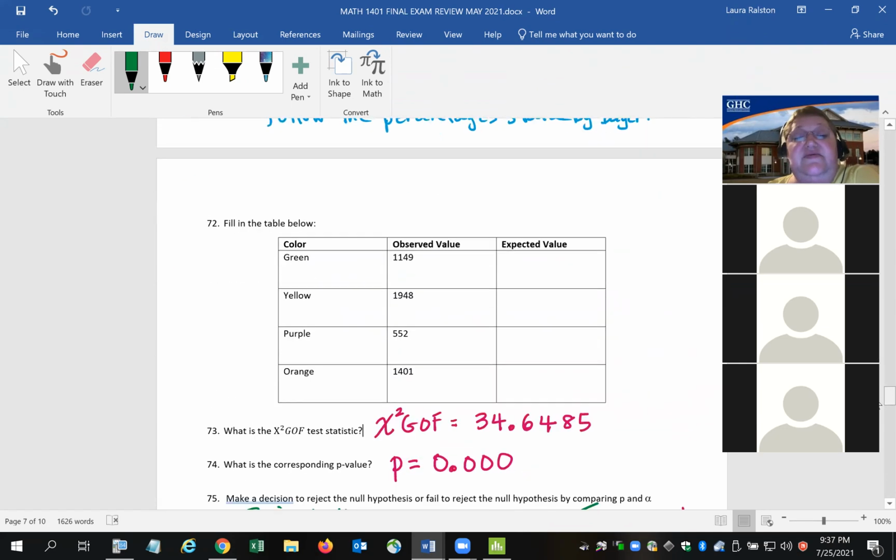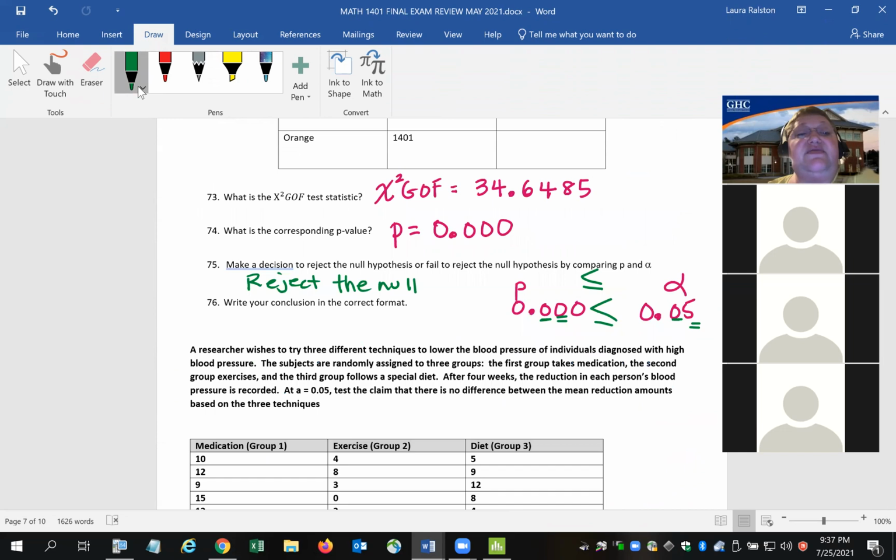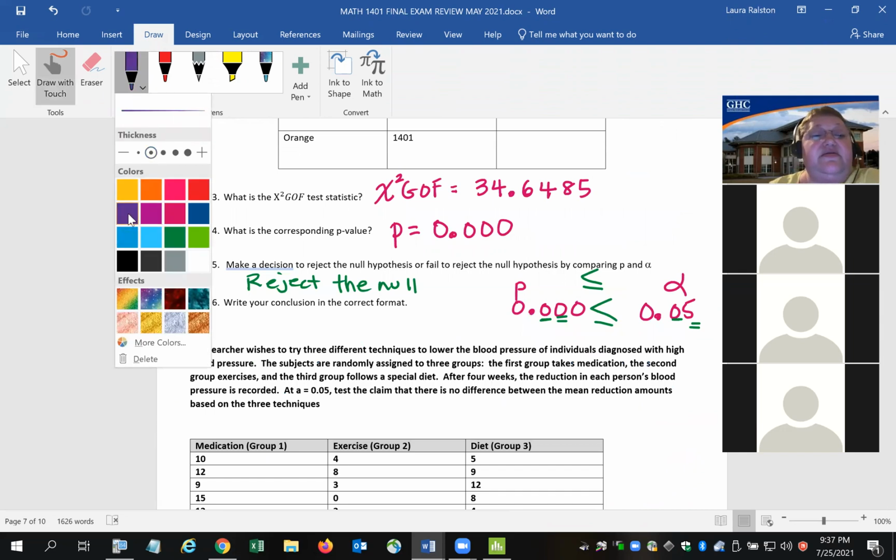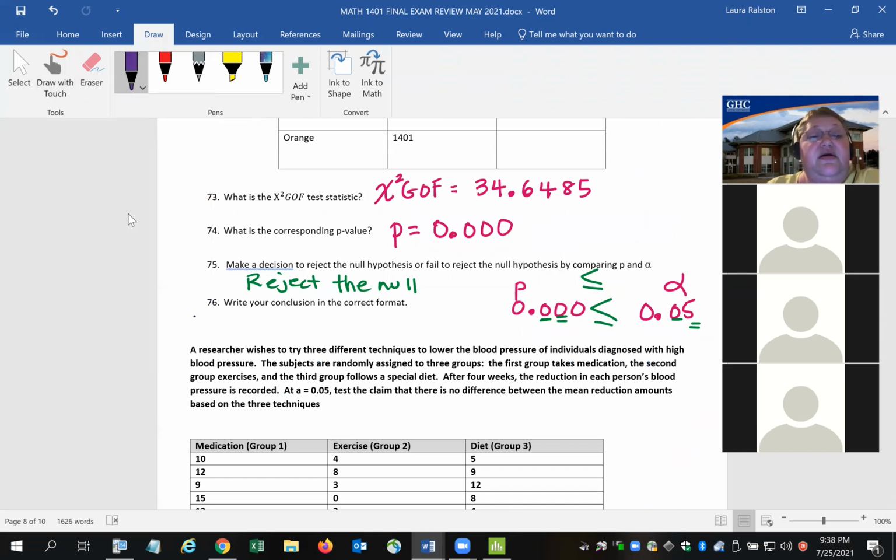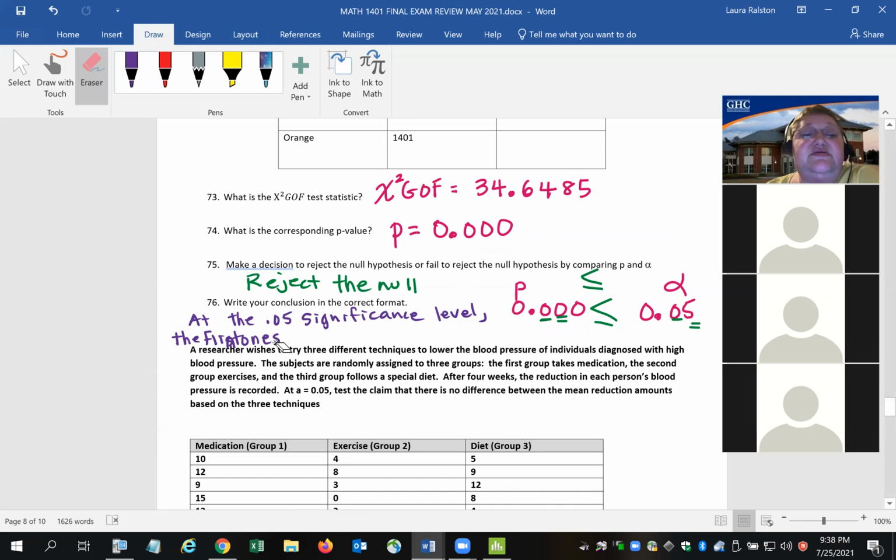So we would say in our conclusion, if I've got enough space to put it in there, at the 0.05 significance level, the Flintstone, I spelled that wrong. Oh, good grief. Can't spell Flintstones.